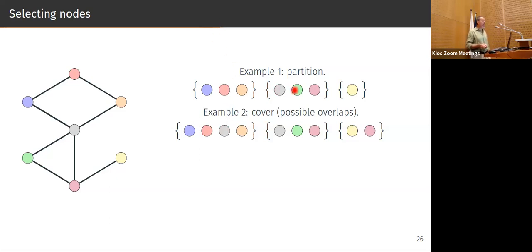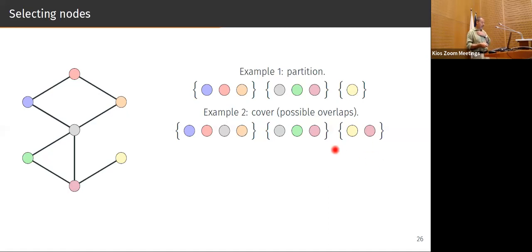Or we might have some possible covers, overlaps. We partition these nodes, but a node can be in two sets, which means that it is so relevant that we decide to keep that node in one meta node and also in another one.